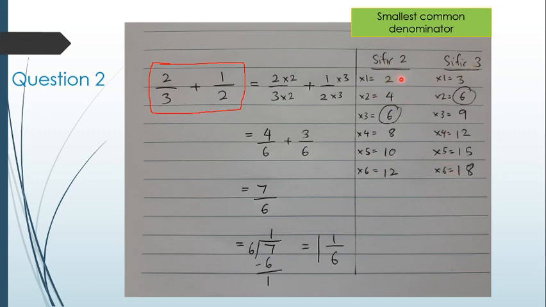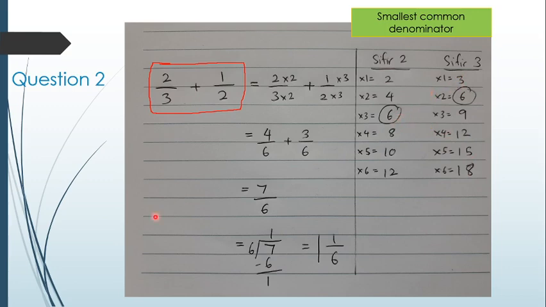Okay, look at the numbers here. Which number is in sifir 2 and also in sifir 3? Apakah hasil darab yang ada dalam sifir 2 dan juga ada dalam sifir 3?